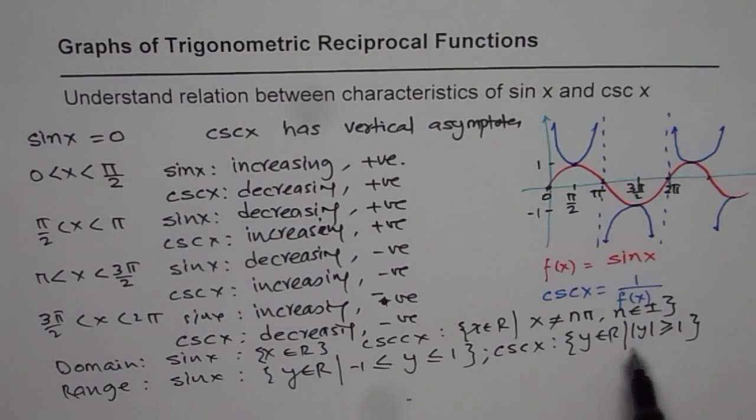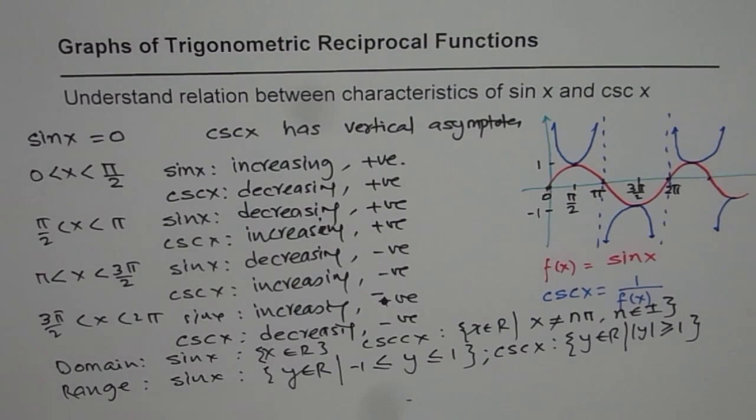Or you could write y is greater than or equal to 1, or less than or equal to minus 1. Do you understand? So in general, these are good characteristics to relate sine x and its reciprocal function cosecant x.